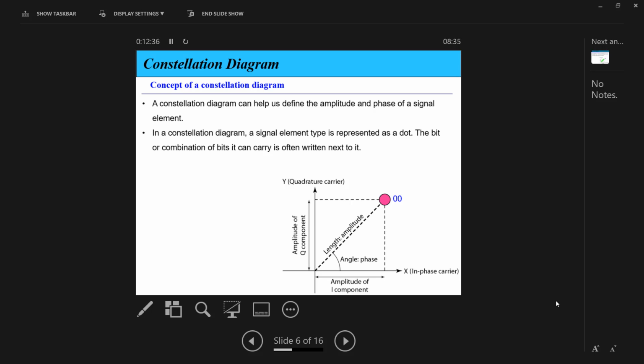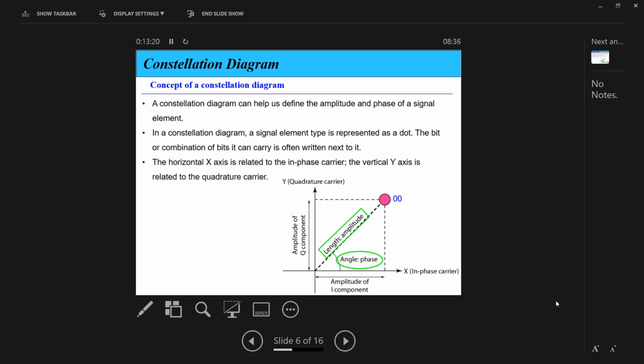In a constellation diagram, we define the amplitude and phase of each signal element. A signal element, represented by a point, may carry certain bits or certain information. Each signal element is represented by one dot on this diagram, and the combination it carries is written near it.